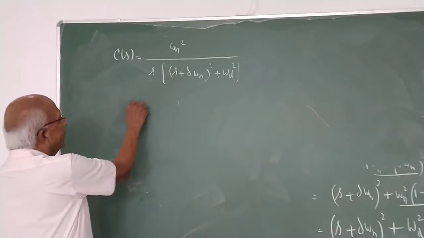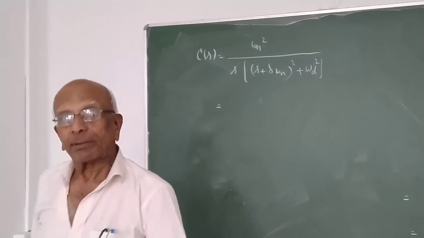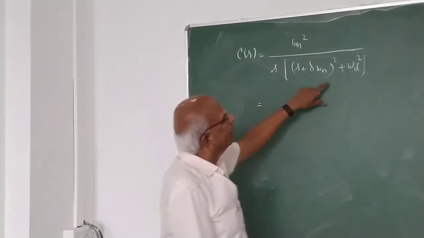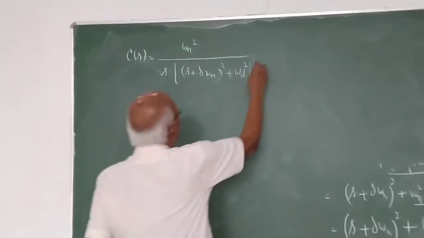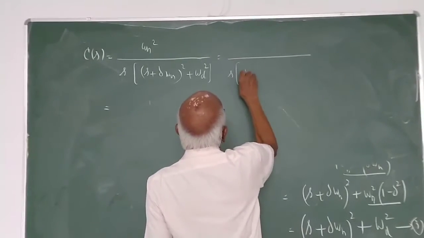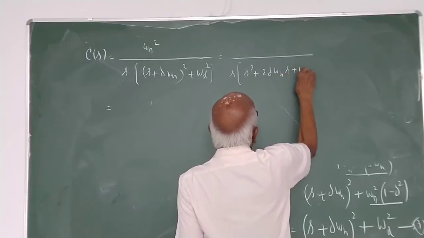What should I do? I don't want to do it by the partial fraction method. That will be a very long process. So what I do is write the original denominator: s into s squared plus 2 delta omega n s plus omega n squared.